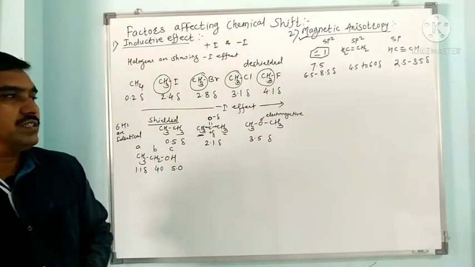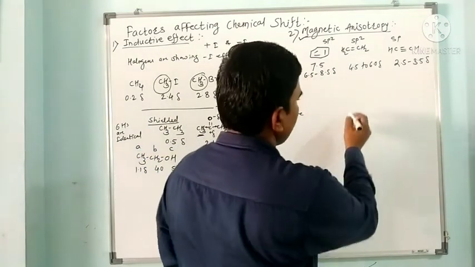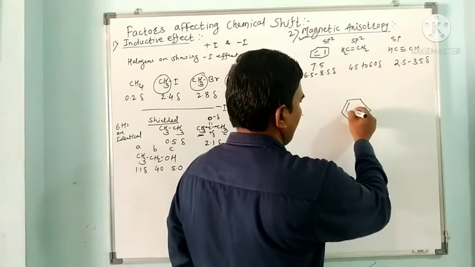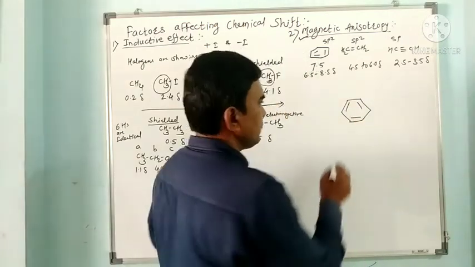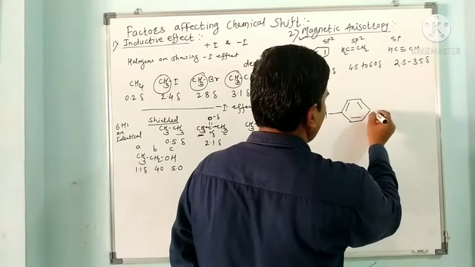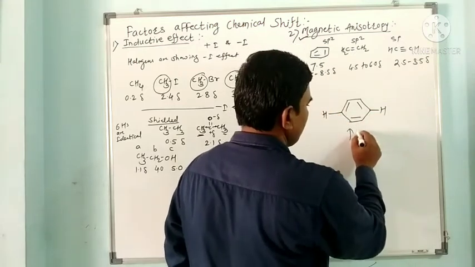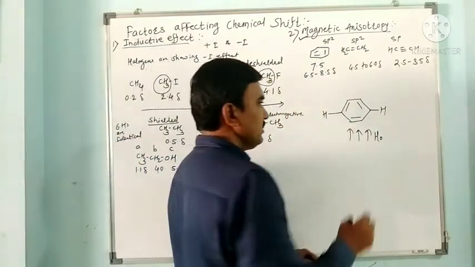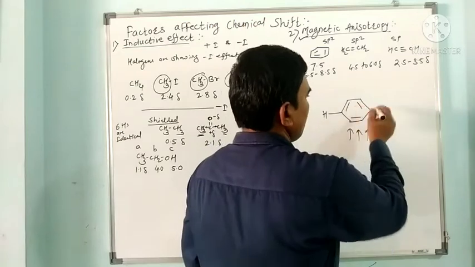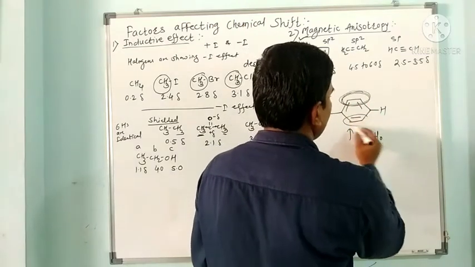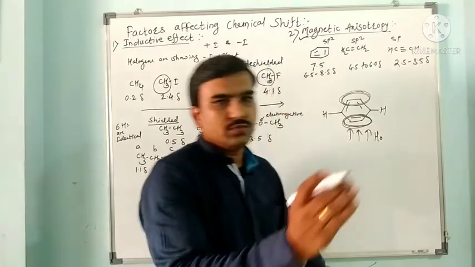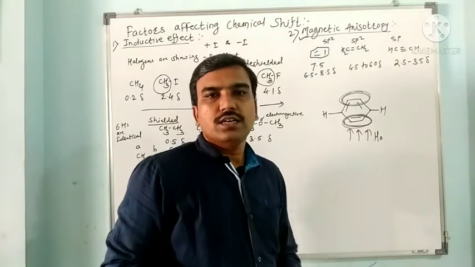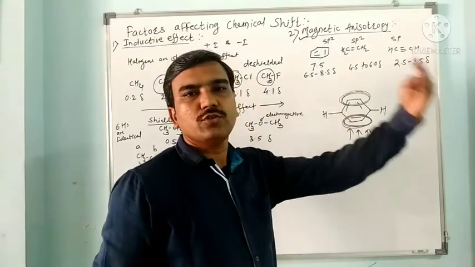So when we see the example of benzene, when this benzene is placed in an external magnetic field, these are the hydrogens attached to it, and this is the direction of the magnetic field. Now due to the circulation of pi electrons, it creates a large amount of ring current. There are perpendicular p orbitals which are continuously rotating, and because of the delocalization and being placed in the applied magnetic field, it produces a large amount of ring current.